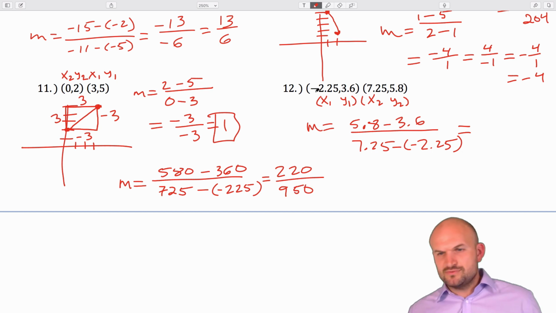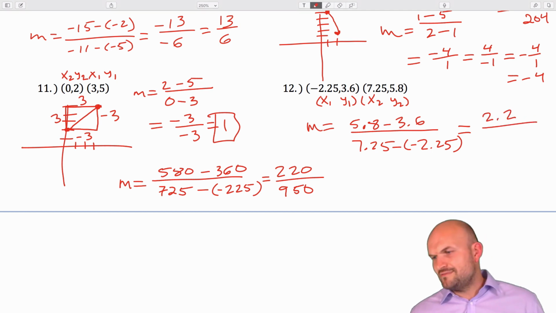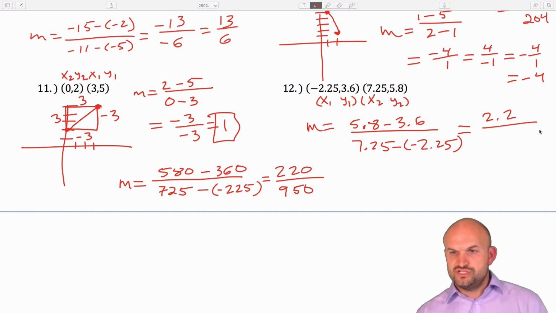All right, and I just want you guys to see, if I was to use the decimals, because I had a calculator, 5.8 minus 3.6, I get 2.2, which obviously I should know. And then 7.25 minus a negative 2.25 should be 9.5, which is correct.